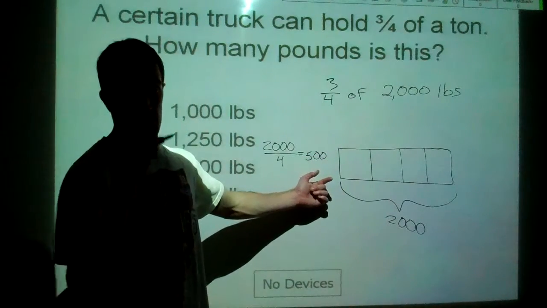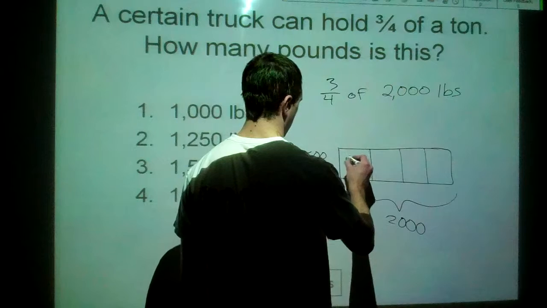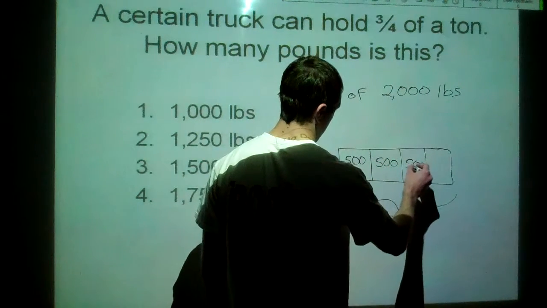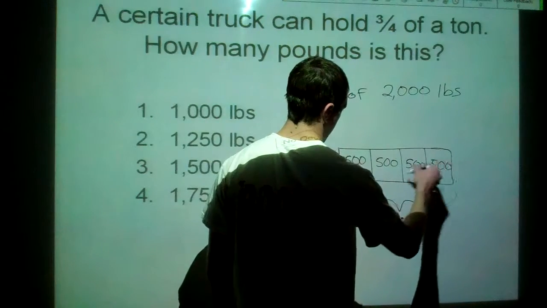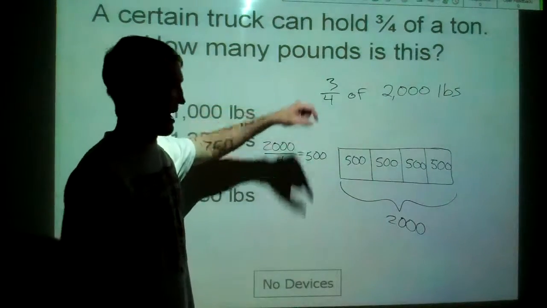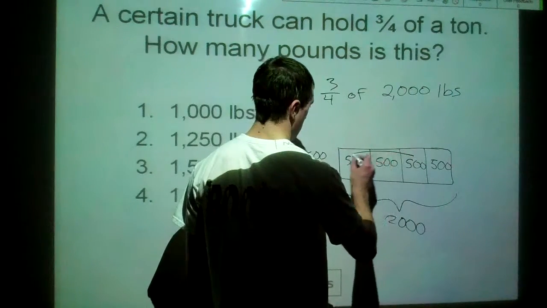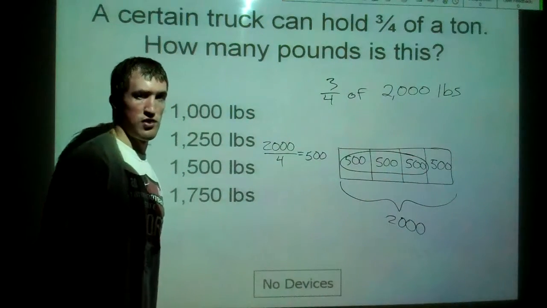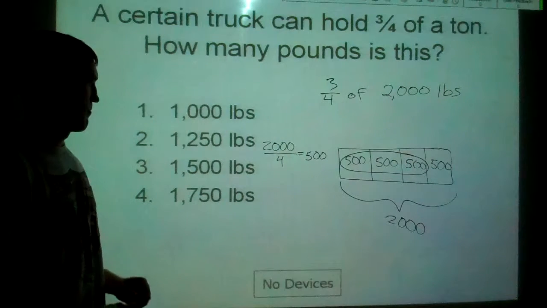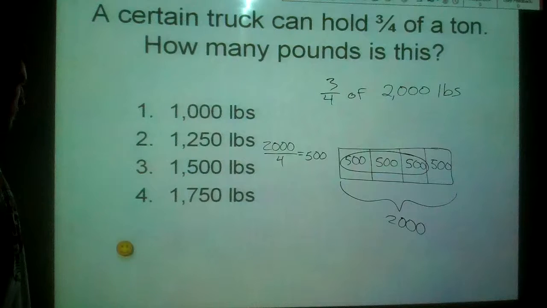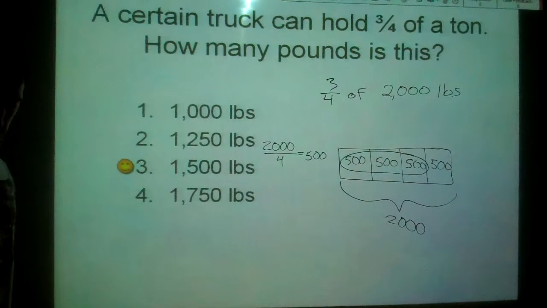So 500 is 1/4. That goes in each box then: 500, 500, 500, 500. And we want 3 of those 4 boxes. If we add all those together, we should get 1,500. That's one way we could do that. So we should see an answer of 1,500 pounds.